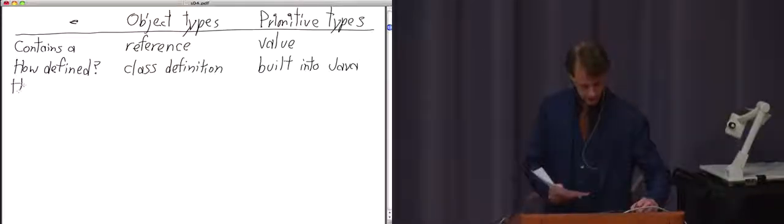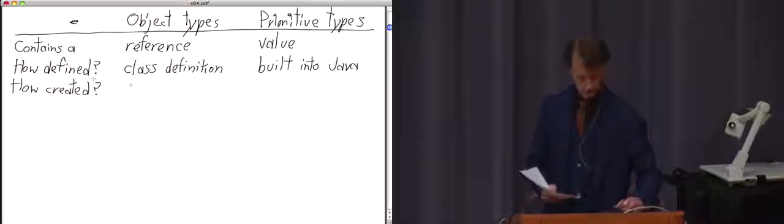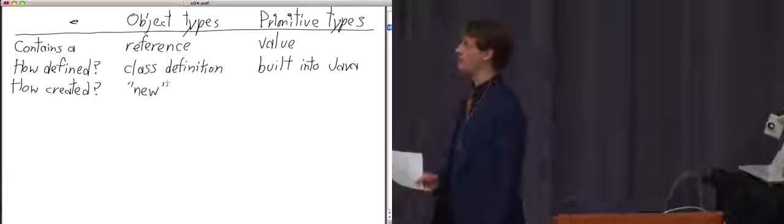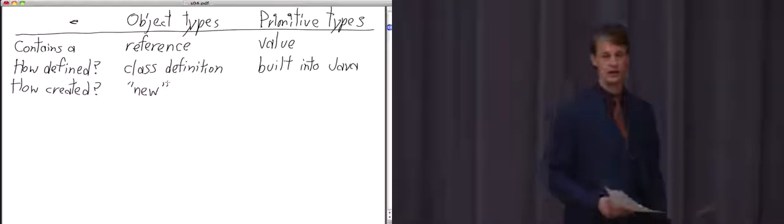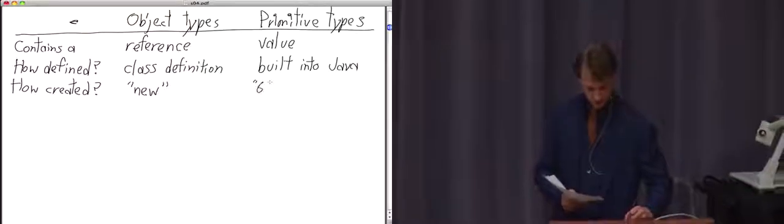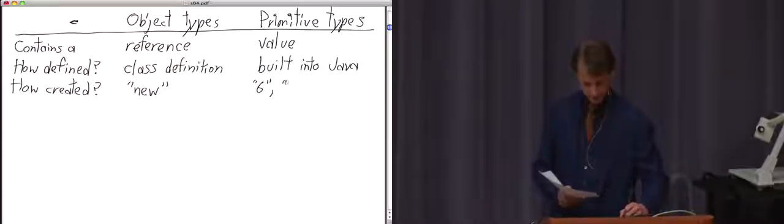How are they created? How are these values created in the first place? Well, object types are always created with the new keyword somewhere in your program, followed by a constructor. Primitive types, you can just sort of write them down, and the compiler turns them into values for you.